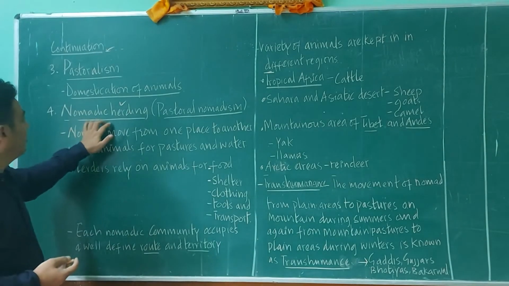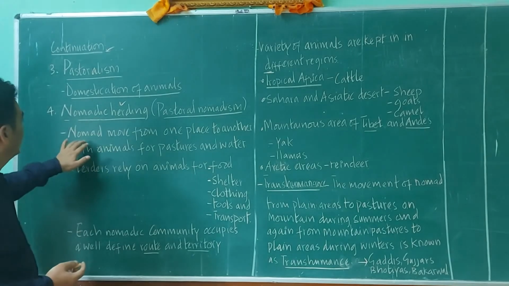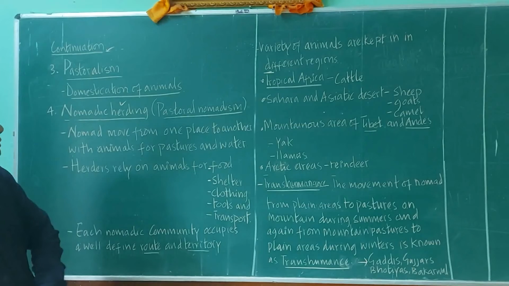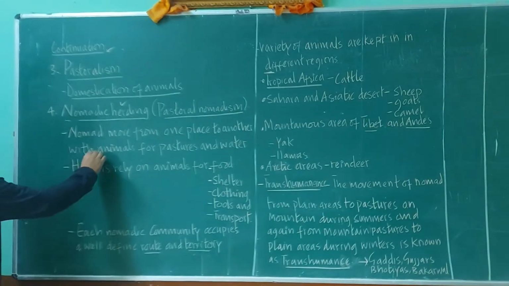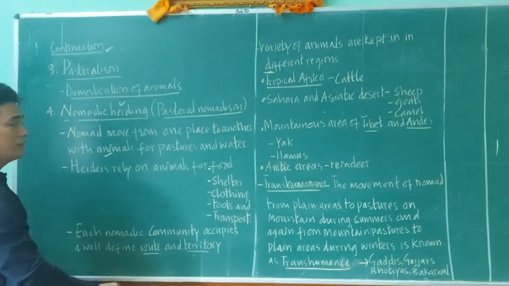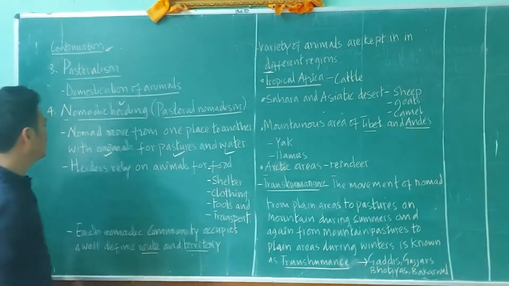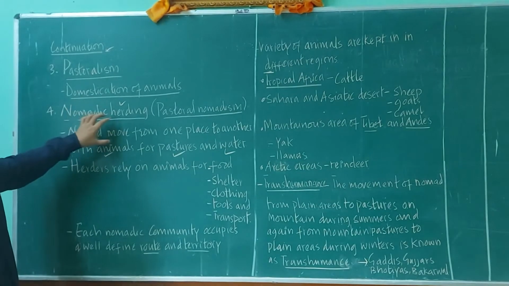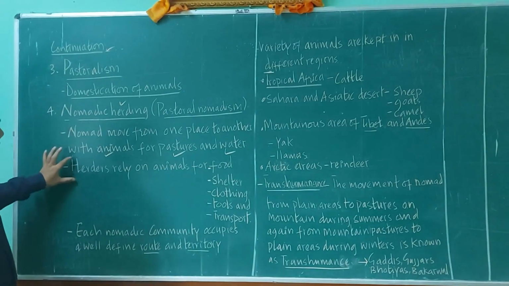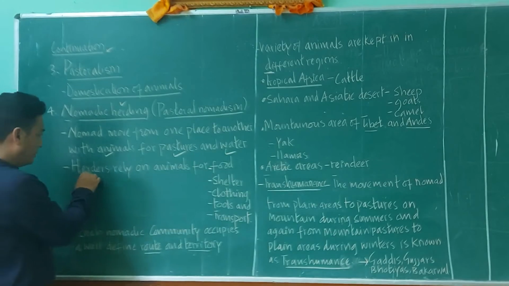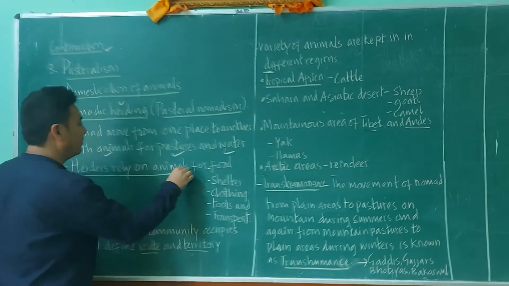And the meaning of nomadic herding: the nomads move from one place to another with the animals, in search of pastures and water. In nomadic herding, the herders rely on animals.